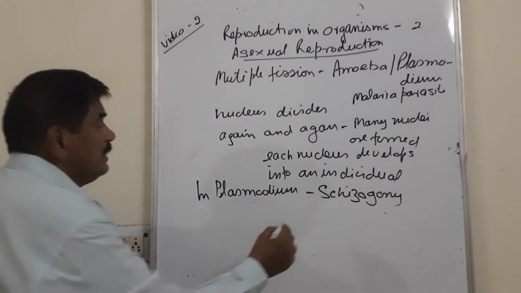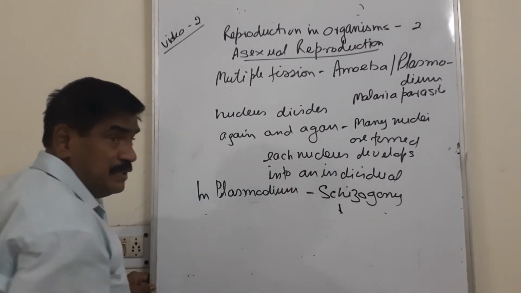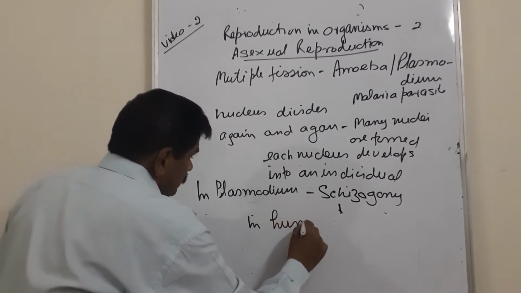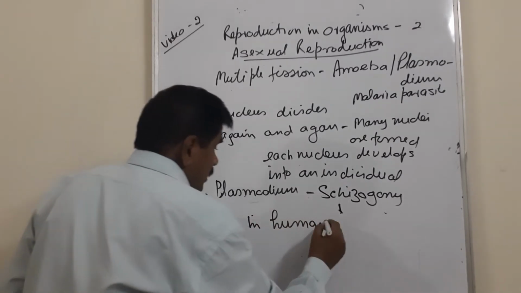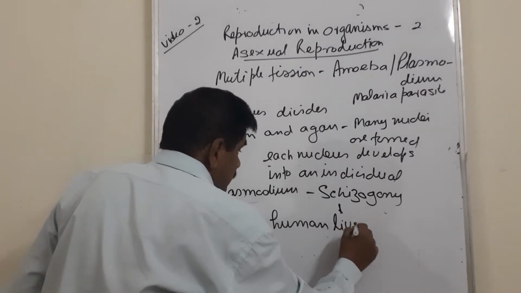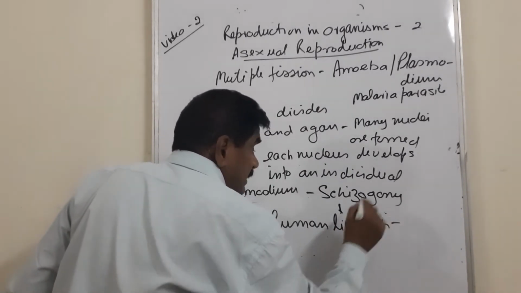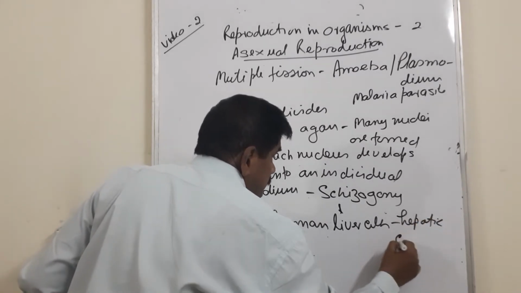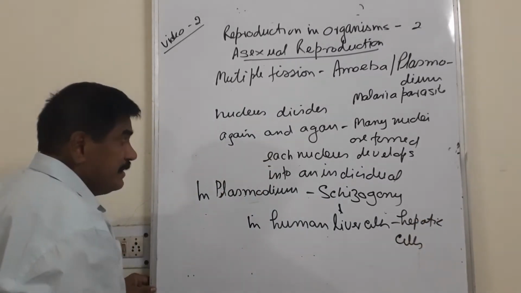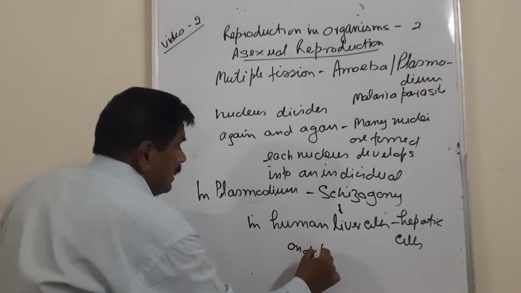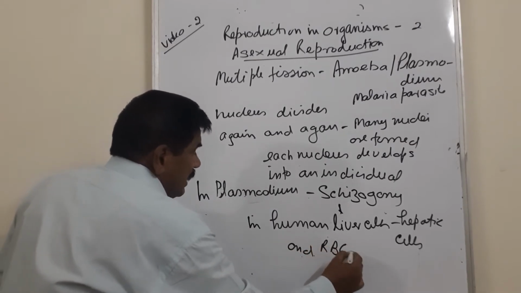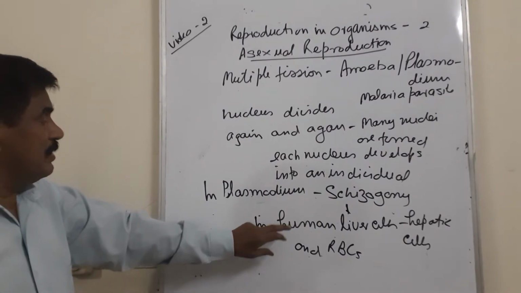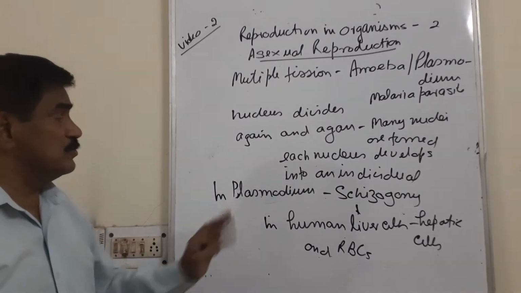Schizogony, that means multiple fission in Plasmodium, takes place in human liver cells, that are called hepatic cells, and RBCs in blood. A large number of new individuals are produced by schizogony.